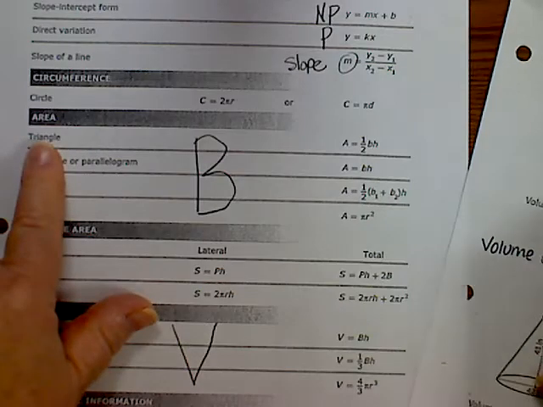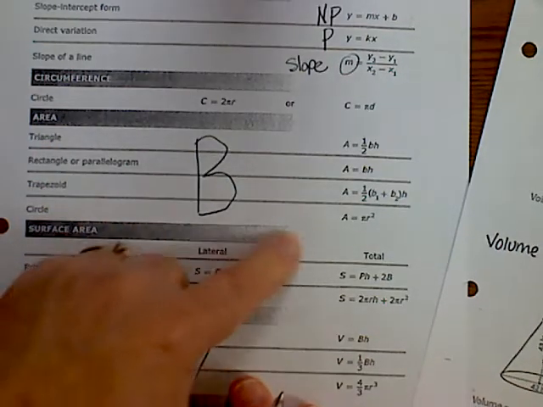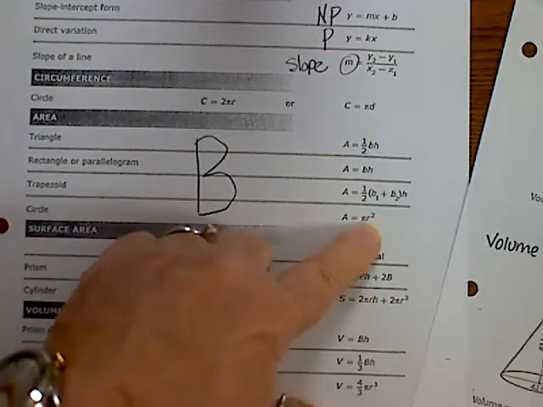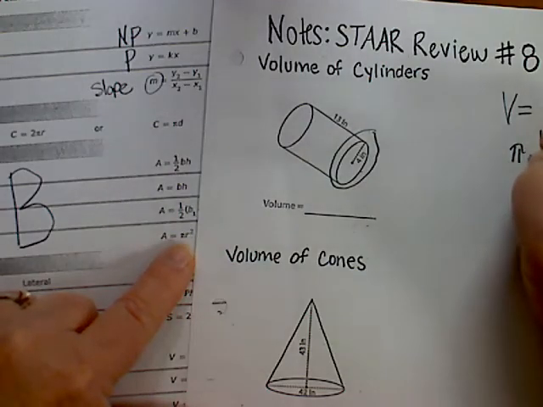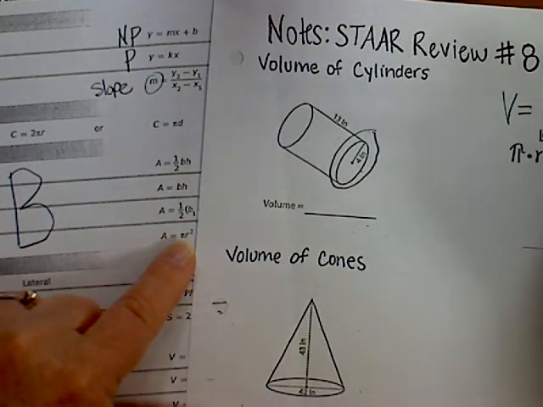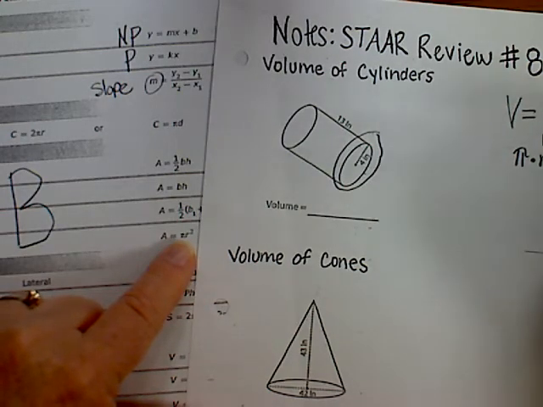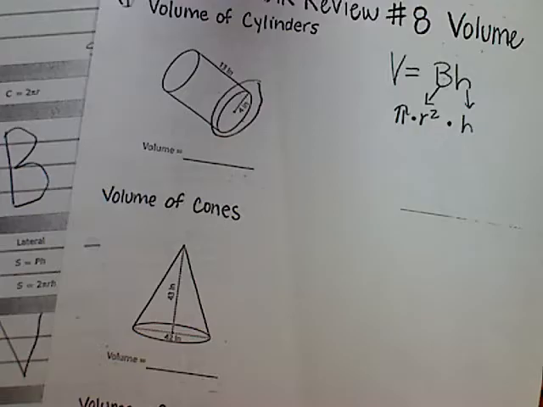So we are going to come over here under area formulas. We are going to find the formula for the area of a circle, which is pi r squared. So we're going to put pi times r squared, and then this H represents the height of the prism. So that will be times H. Okay, so we still need that there.